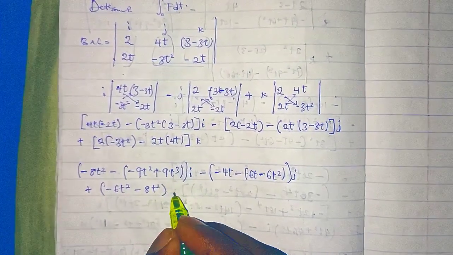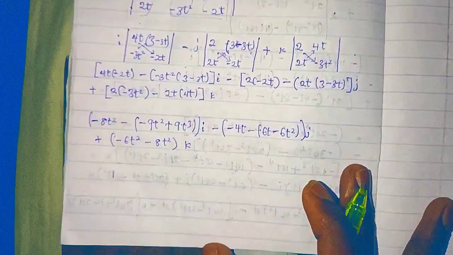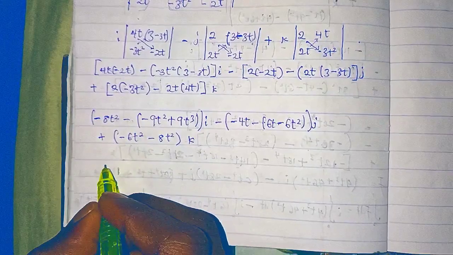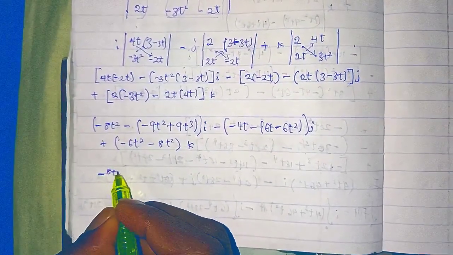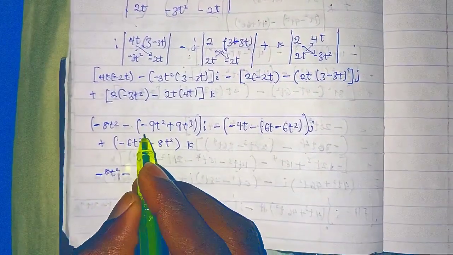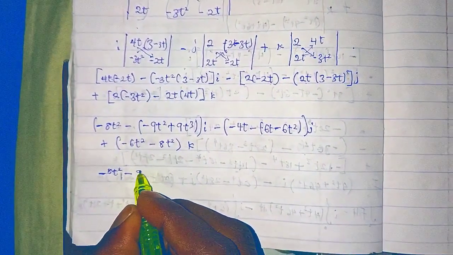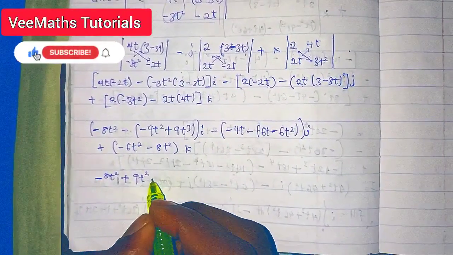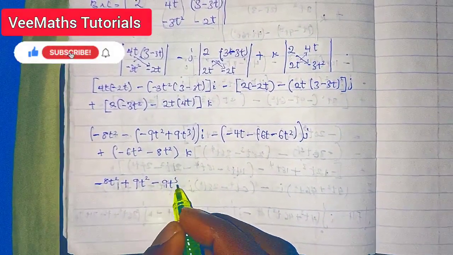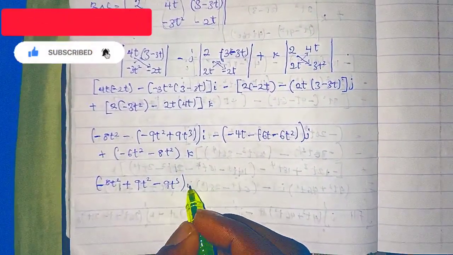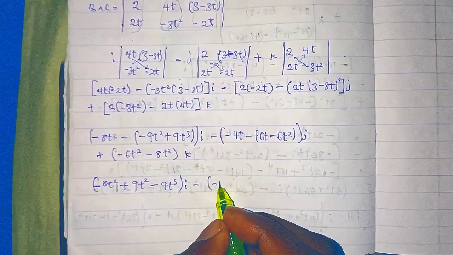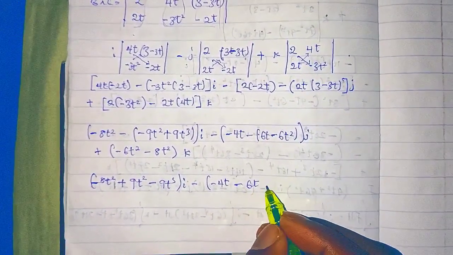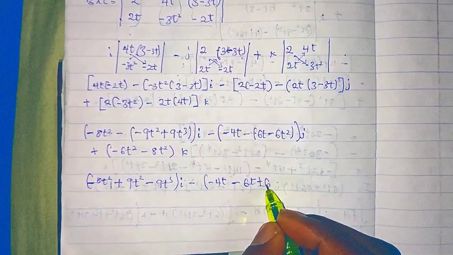Now we're going to start simplifying from i again. Alright, so we will have minus 8t squared. If you open this bracket, minus minus will give us plus 9t squared, and minus open plus here will give us minus 9t cubed. This is for i. Now for j, we have minus 4t. Open this bracket here, we're going to have minus 6t, and then minus minus will give plus 6t squared.